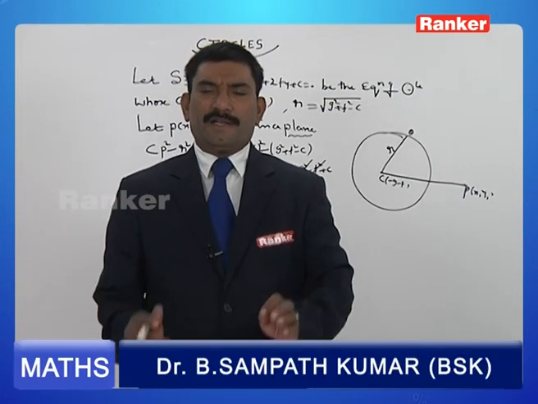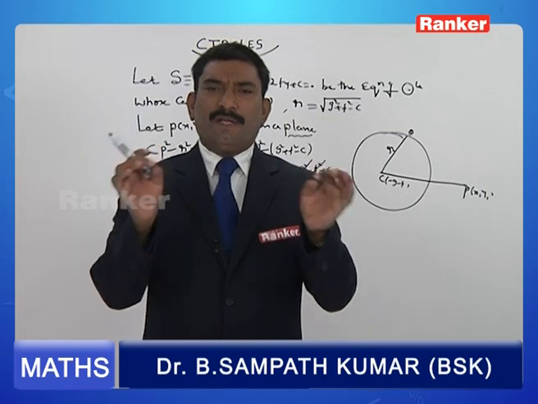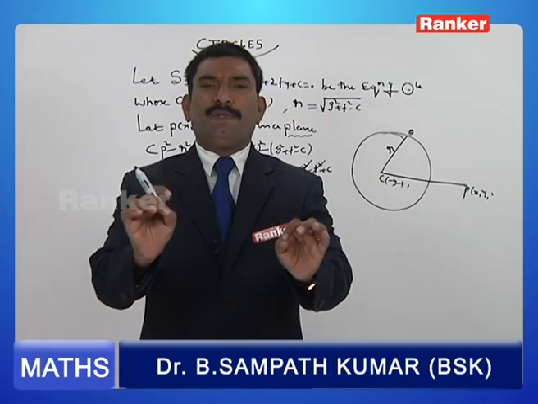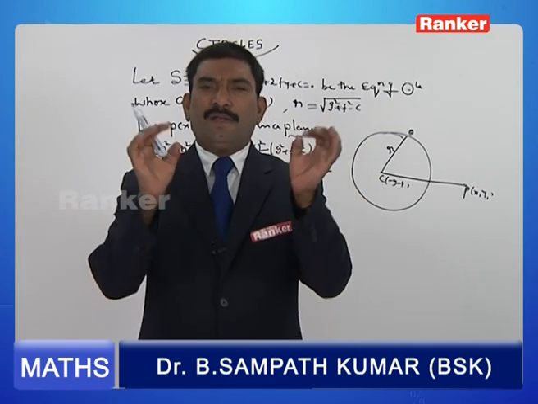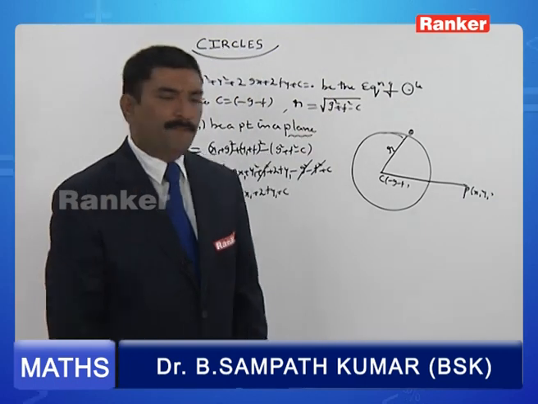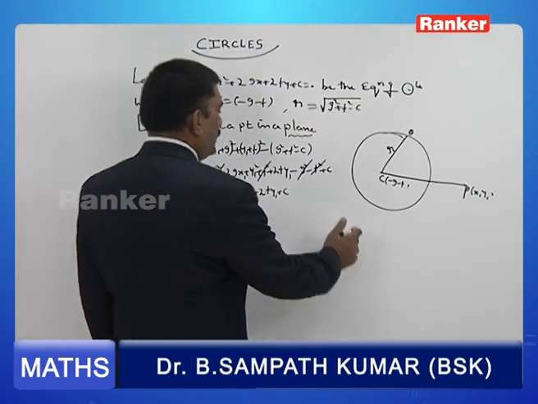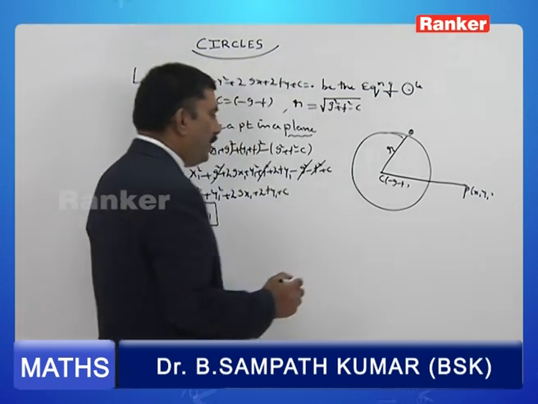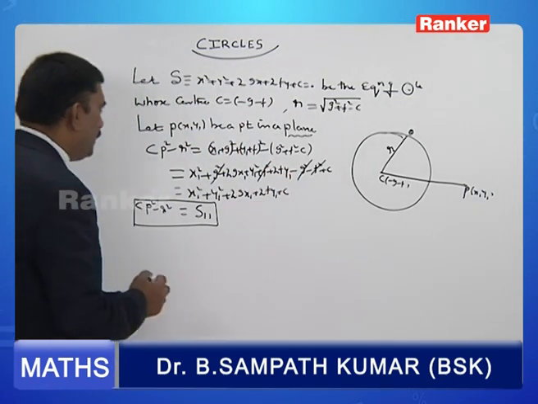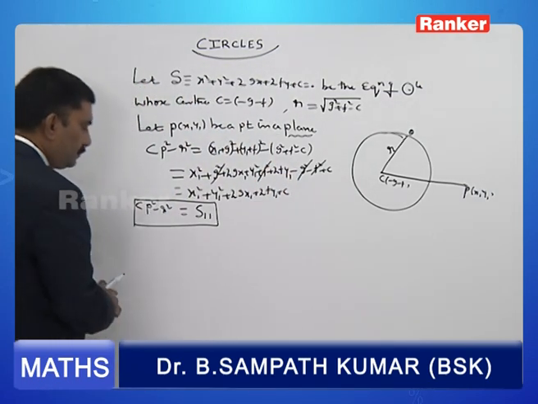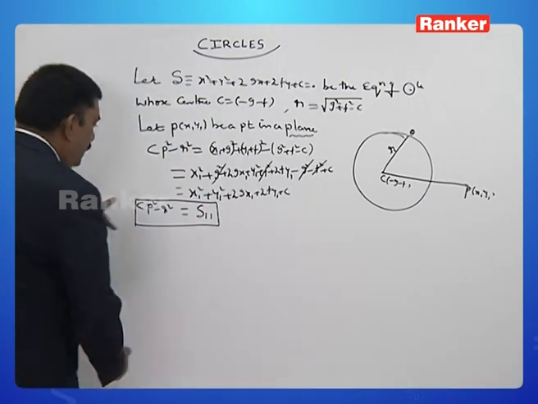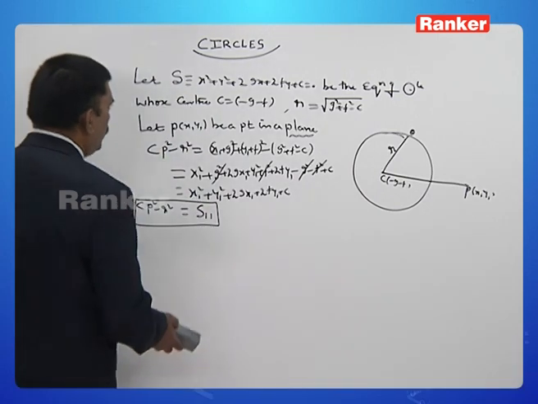Now, let us discuss the exact position of a point P with respect to the circle. I take case 1, when the point P lies outside the circle. We have proved here that CP square minus R square is equal to S11.